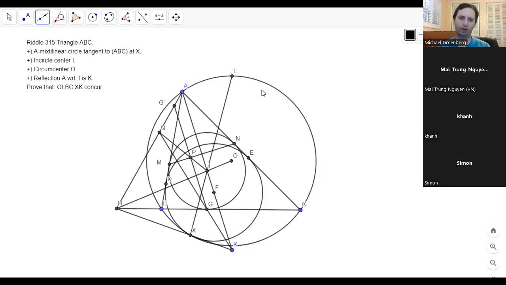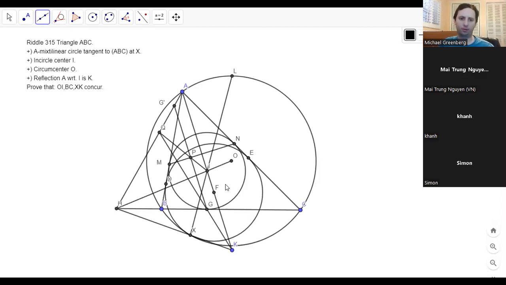Because it would be O, A, L and G. Okay, so O, A, L and G. How do we know that that bundle is harmonic?